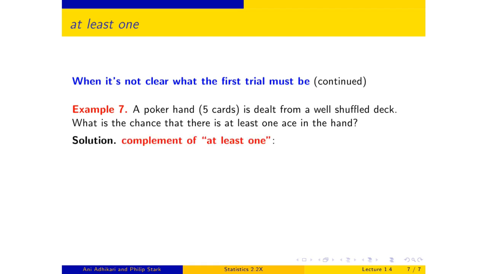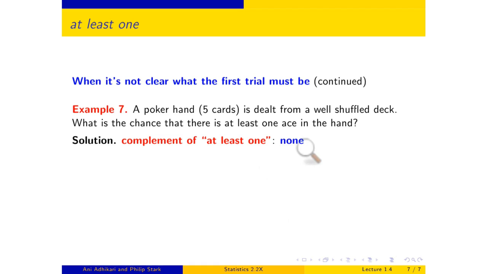The complement of your list. You've got a long list. Maybe what's left over is shorter. So what's the complement of at least 1? If you didn't get at least 1 ace, how many aces did you get? You didn't get any. The complement of at least 1 is none.